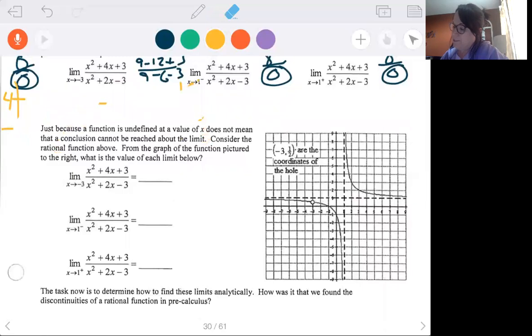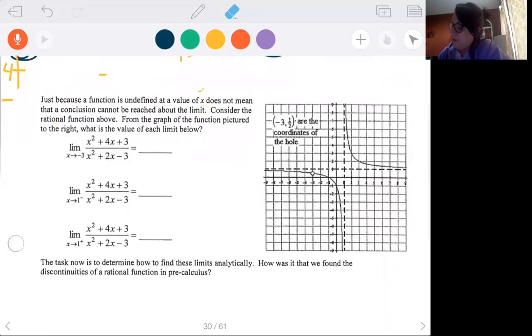So it says, consider the rational function above. From the graph of the function pictured to the right, what is the value of each limit? So again, back to a graphical approach. As I approach -3 from both directions, I'm on here with my red.